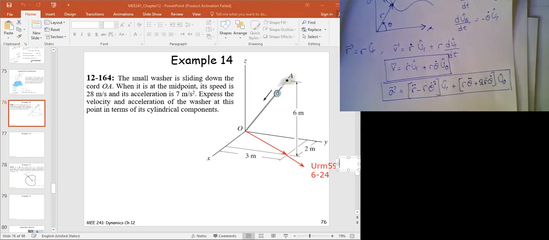Now this is my theta. Can you help me? How can I establish a third dimension?